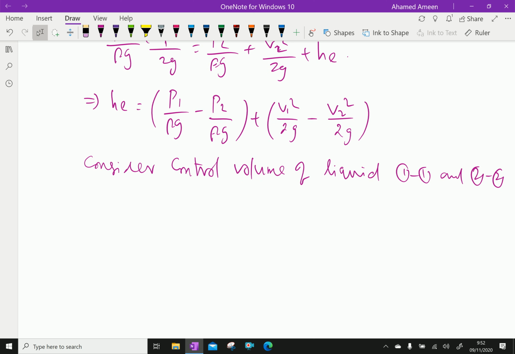Then the force acting on the liquid in the control volume in the direction of the flow, that is the force acting in the horizontal direction, Fx equals P1A1 plus P1 into (A2 minus A1) minus P2A2.